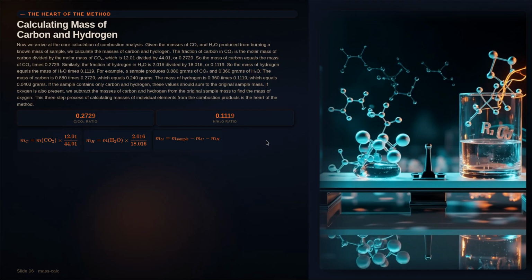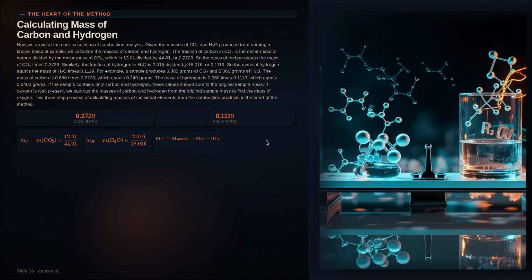Similarly, the fraction of hydrogen in H2O is 2.016 divided by 18.016, or 0.119. So the mass of hydrogen equals the mass of H2O times 0.119.